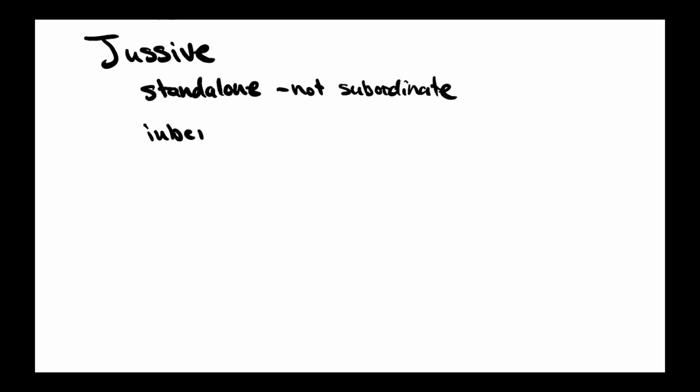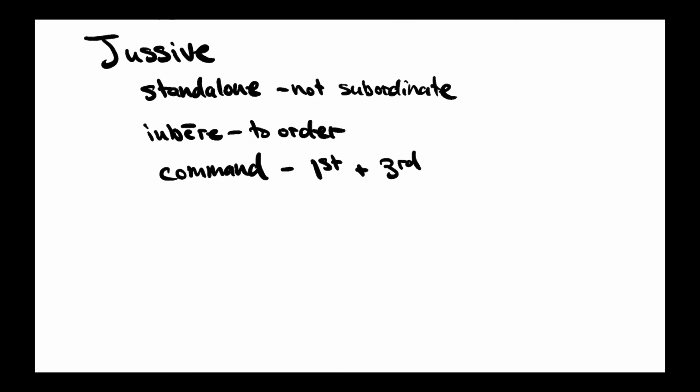It comes from the verb iubere, which is to order. And in Latin, it's a command. That's in the first and third person. For the second person, they have different ways of doing commands. And it can be singular or plural.